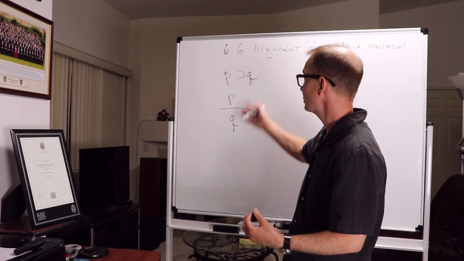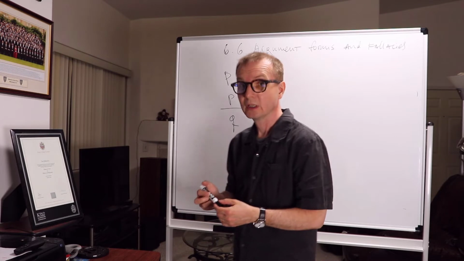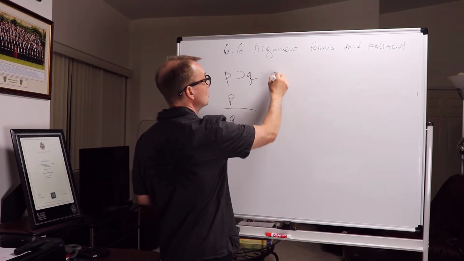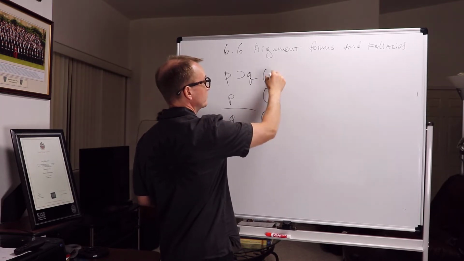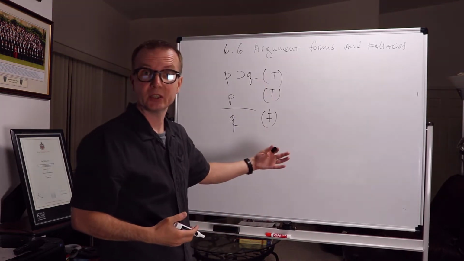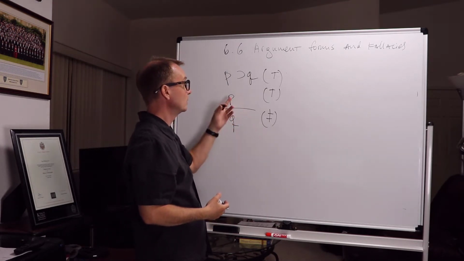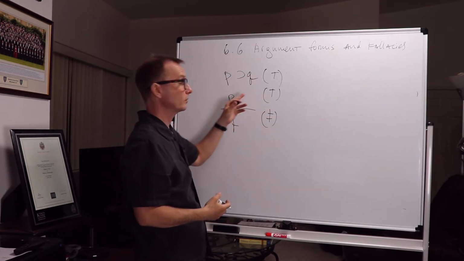You can go through it and figure it out. So remember what an invalid argument would be like. In an invalid argument, you would have true premises and a false conclusion, right? Now, is it possible here? Ask yourself this question. Well, note that we already have values for P and Q, right?